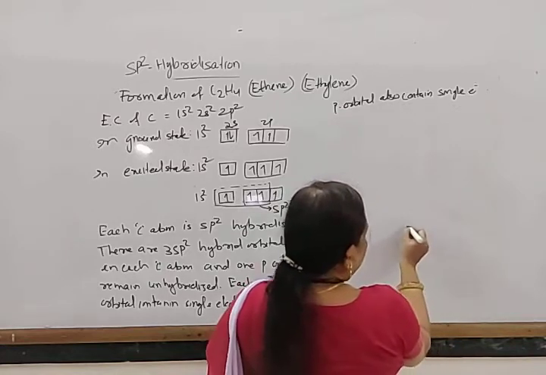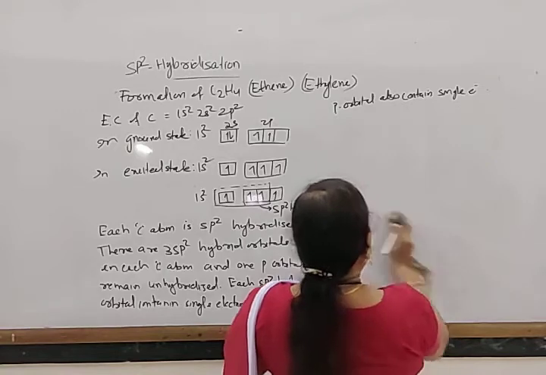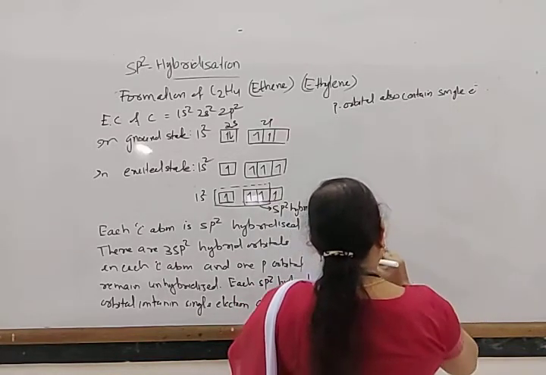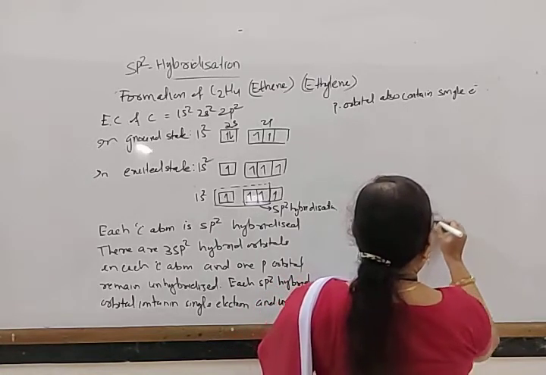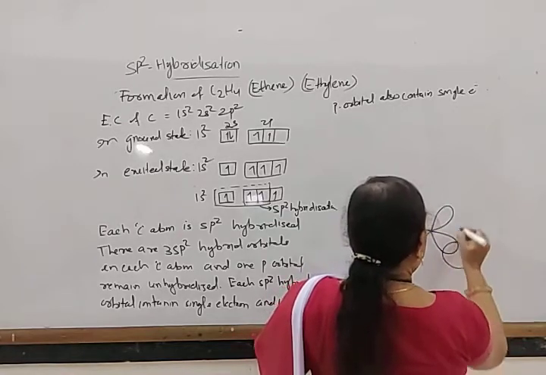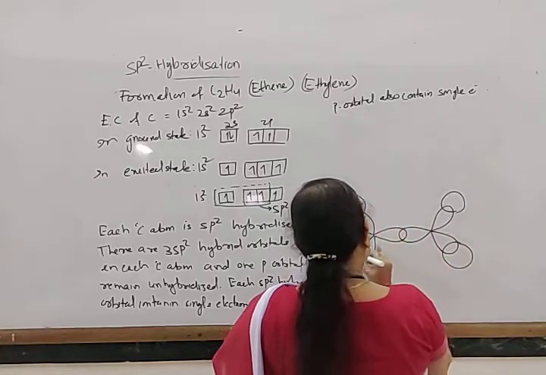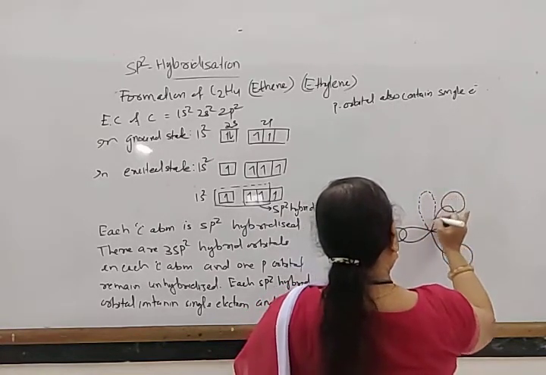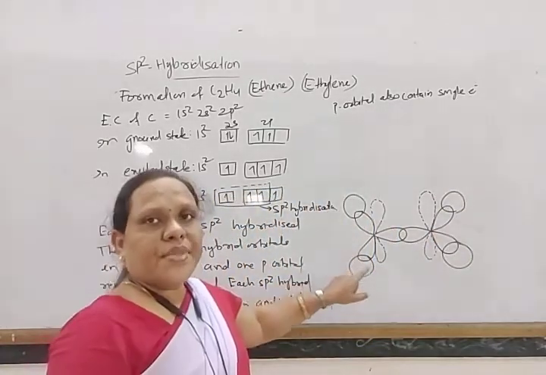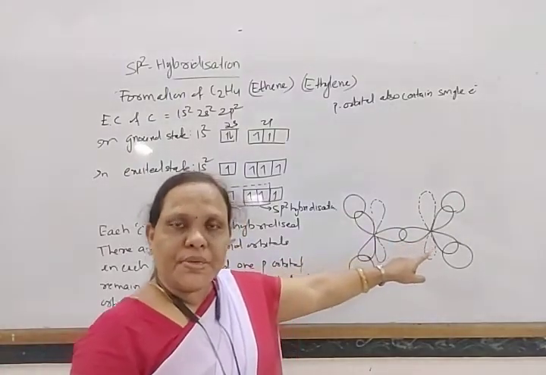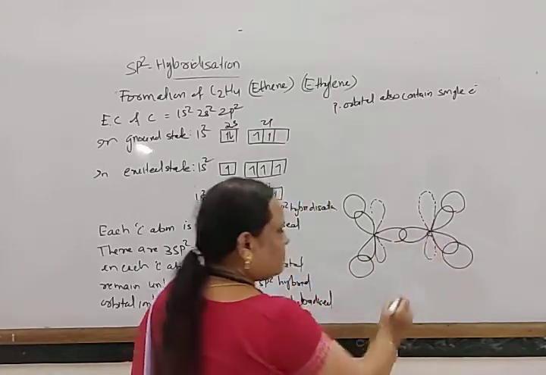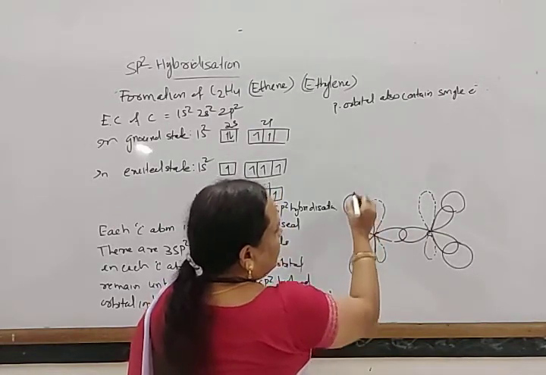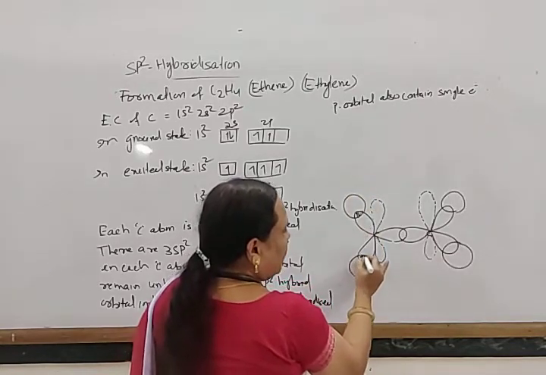The sp2 hybrid orbital of one carbon atom overlaps with the sp2 hybrid orbital of another carbon atom to form an sp2-sp2 sigma bond, and the sp2 hybrid orbital of one carbon atom overlaps with the 1s orbital of a hydrogen atom to form an sp2-s sigma bond.